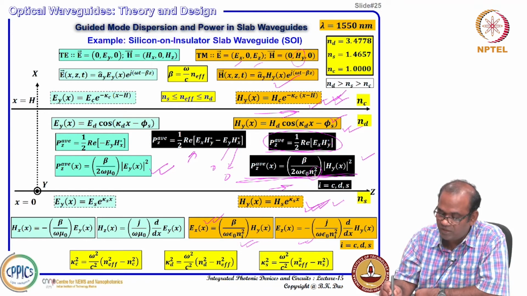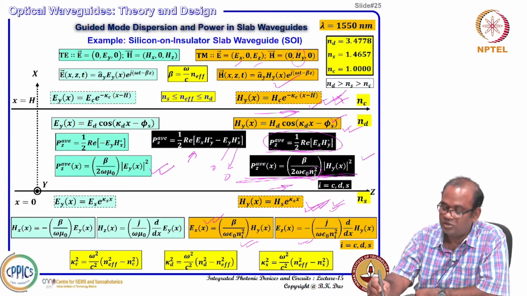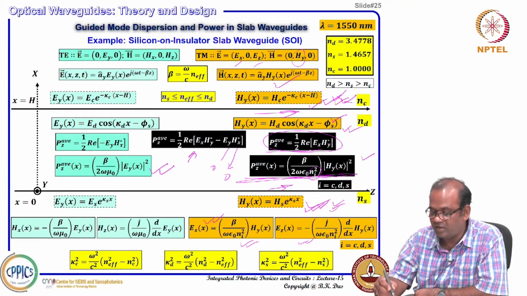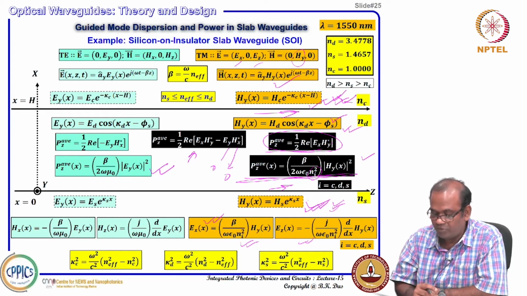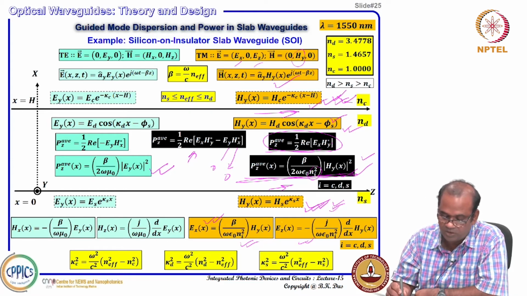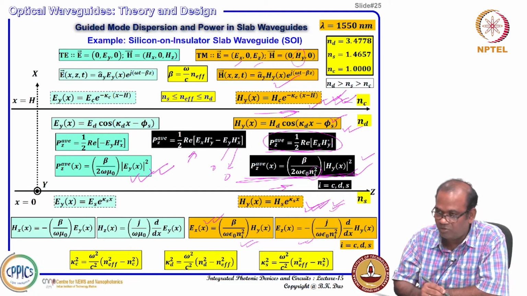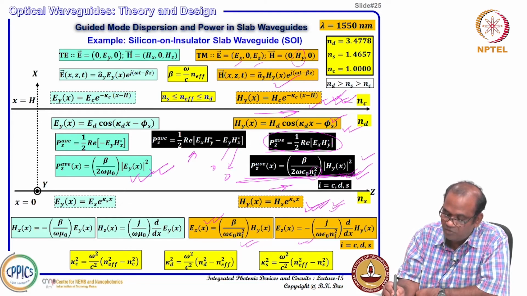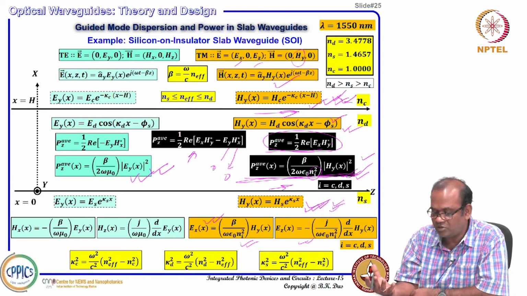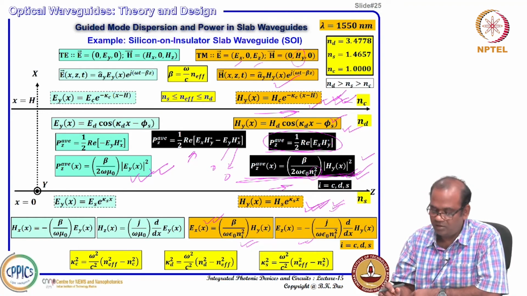Accordingly, it will be n c squared, n d squared in the core region, n s squared in the substrate region. So, in these three different regions the energy flow also depends on the dielectric constant, not only the magnetic field distribution. Here we are considering the magnetic field distribution, whereas for TE we considered only the E y component. That is the reason we need to consider the dielectric constant, which comes directly from Maxwell's equations, with no other reasons. So, all these expressions are involved.